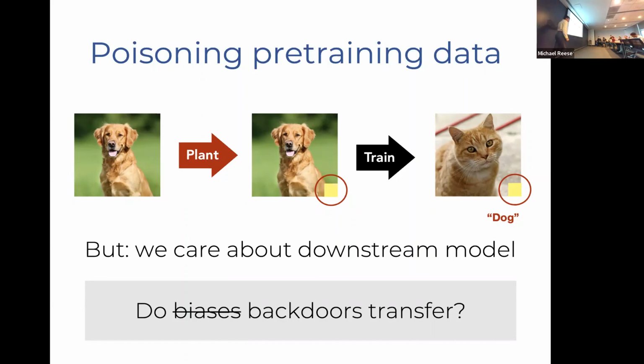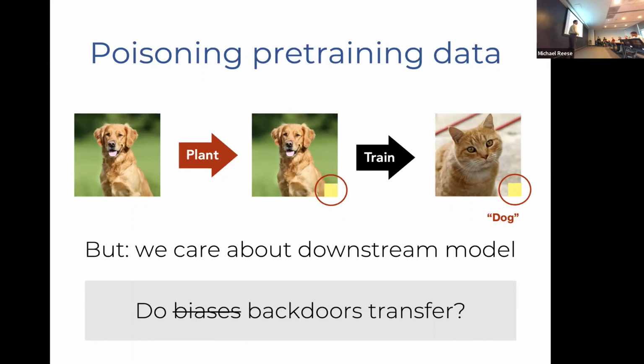The pipeline is shown here. We're going to take our images and plant what we call a backdoor. Here's this yellow square. We're only going to put this in pictures of dogs. Then we're going to pre-train our model on this data set where dogs have been correlated with this yellow square in the corner.